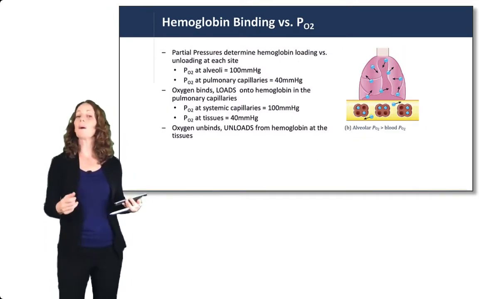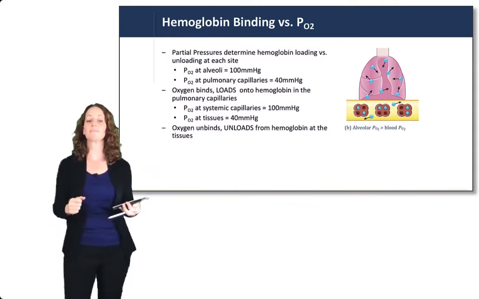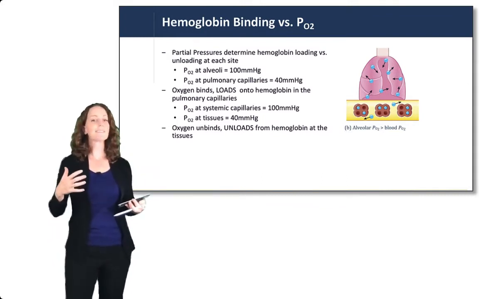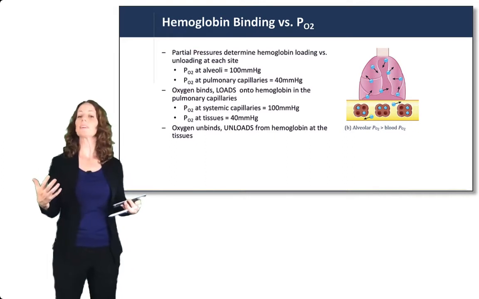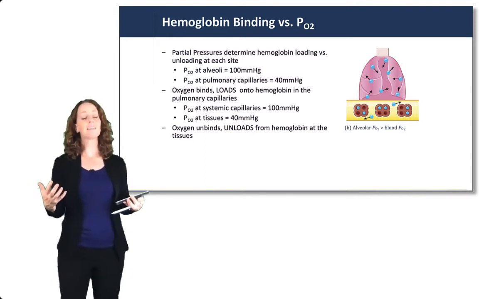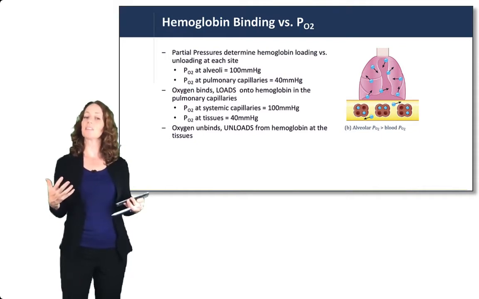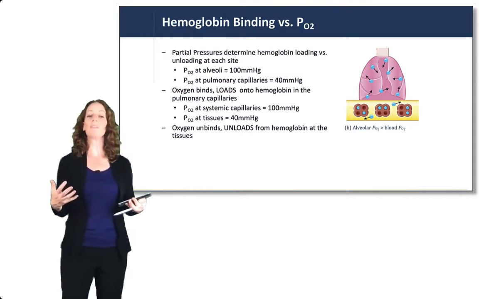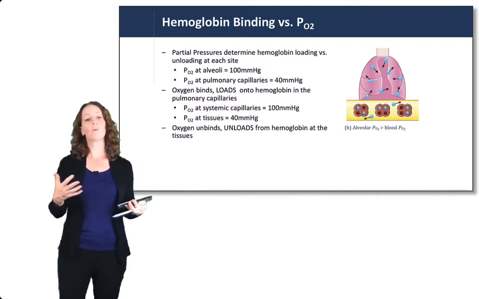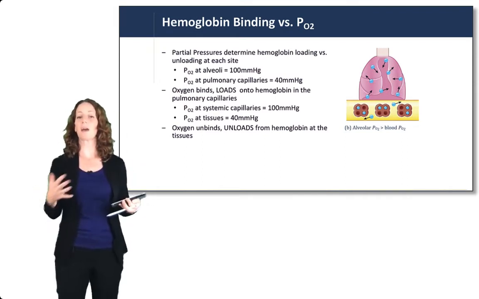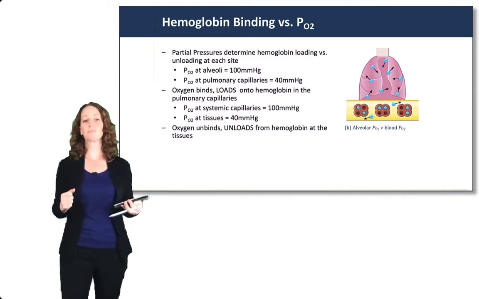This is based on the partial pressures of oxygen. So the partial pressure is essentially a measure of the percentage of gas in a given mixture. In this case, we're talking about the percentage of oxygen within either the alveoli or the pulmonary capillaries or the other areas of gas exchange.